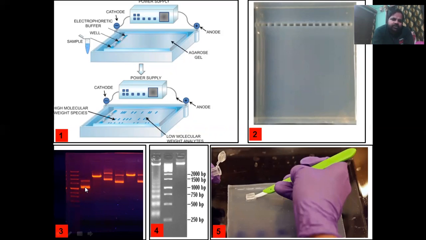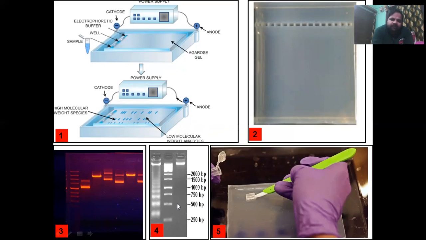According to their size, they will move. We can see here that the lower fragment is moving faster, and it will come nearby the lower side. We can see here the 250 base pair, 500 base pair, 750 base pair.